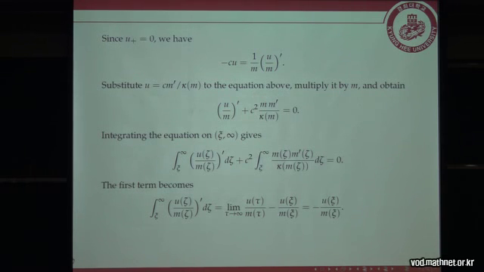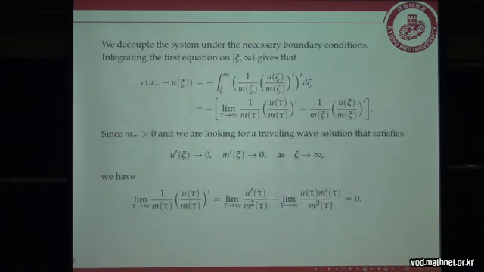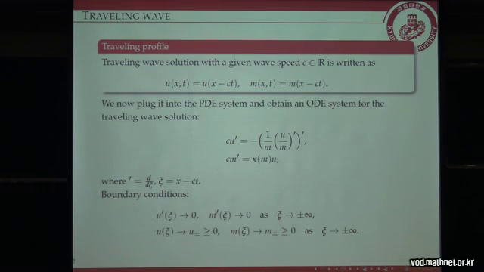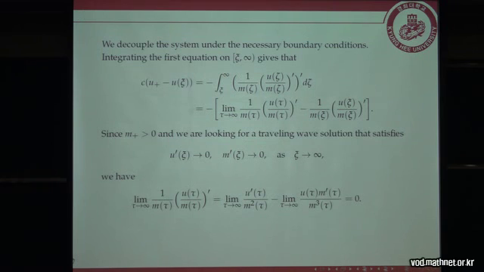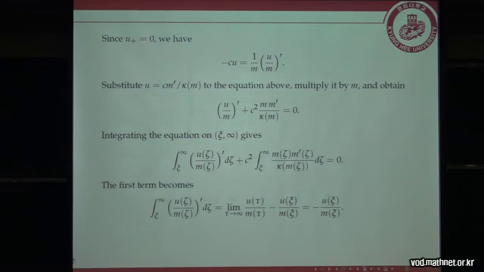Okay, so now we assume this U plus equals 0, then we have this one. This is an assumption.